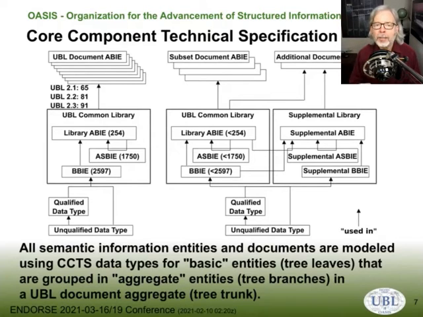semantic information bundle. In a tree metaphor, the data types are the shapes of the leaves, the basic components are instances of the leaves, and the aggregates are the shapes of branches, and the associations are the instances of branches.